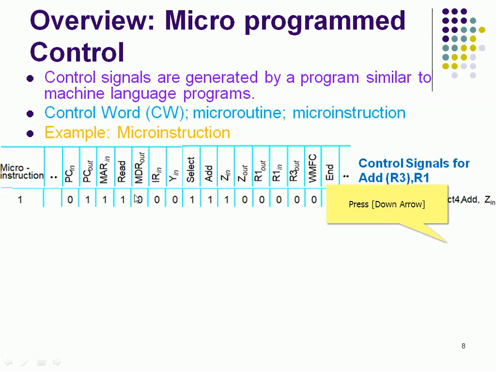After Z in, there is Z out and PC in. The advancement of the program counter happens, so that we can store it back and the PC will be advanced automatically. Y in, copy, and wait for memory function completion. Why? Because in the previous clock we issued the read operation, so we should get a green signal from the memory.